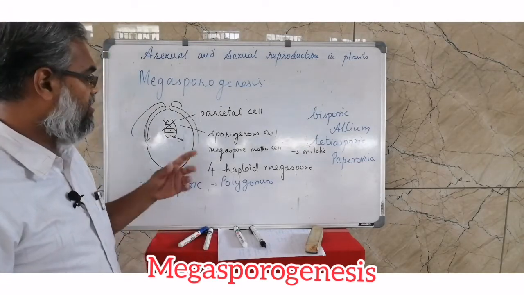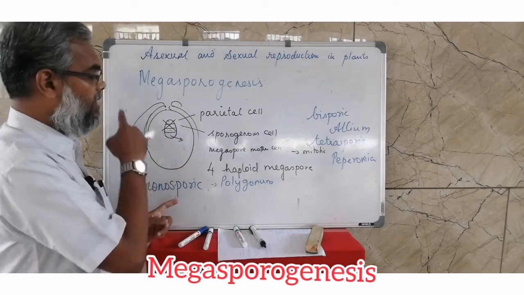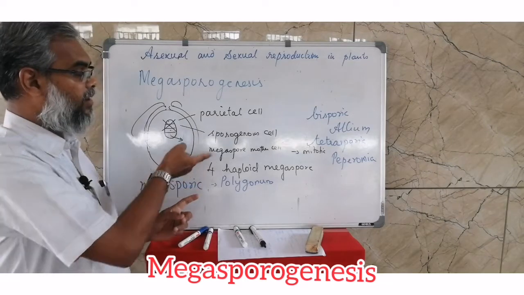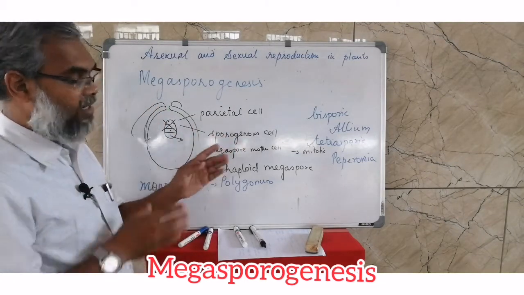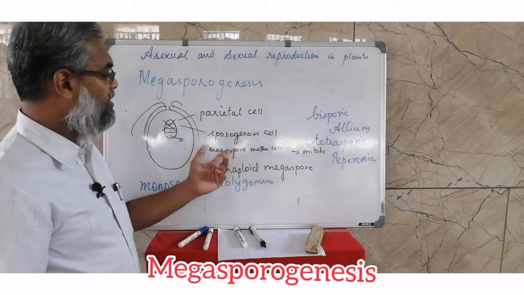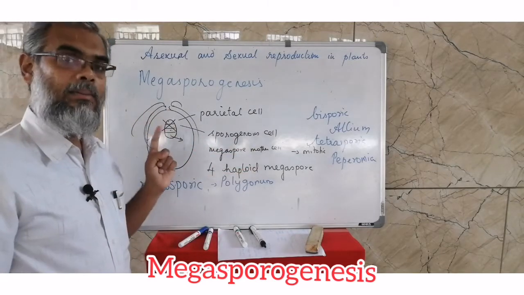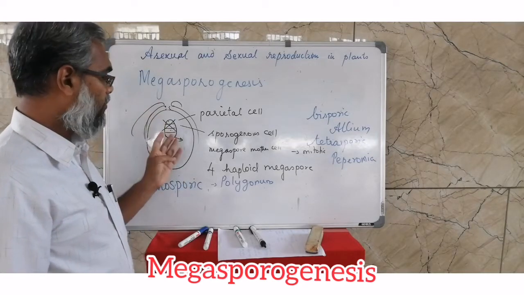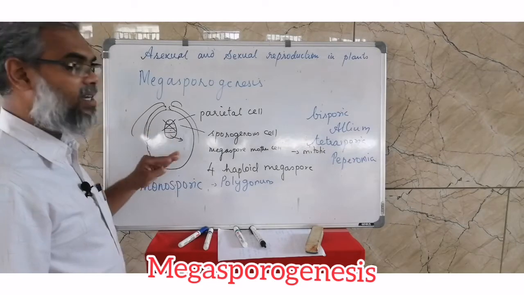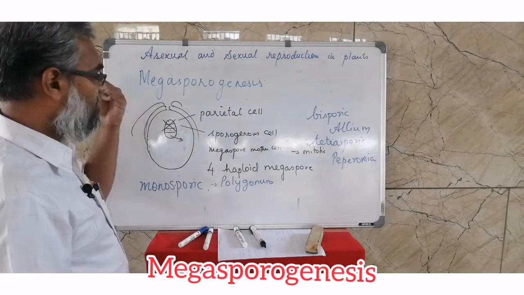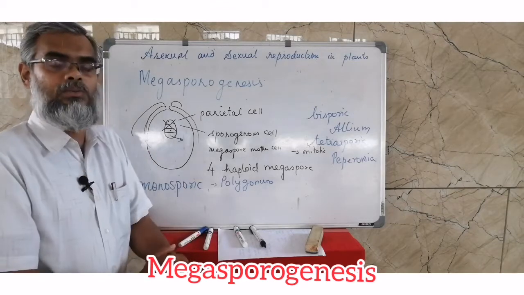Again I tell you, one cell of the nucellus becomes the archesporial cell. It will form an outer parietal and an inner sporogenous cell. Then the megaspore mother cell will divide to form 4 haploid megaspores. Out of the 4, the one towards the chalaza becomes functional and the other 3 degenerate. In such a case, that is called monosporic.